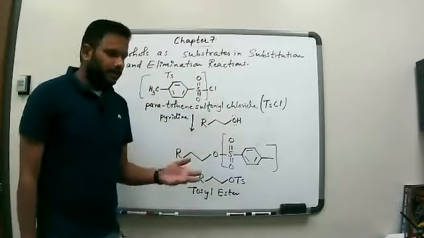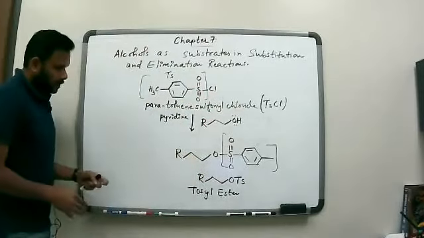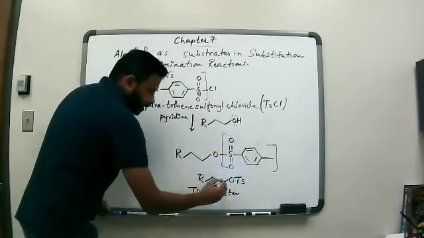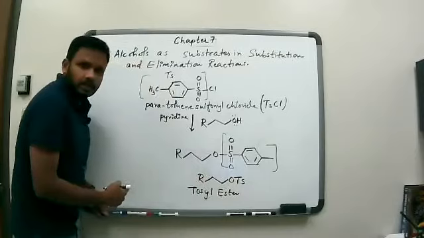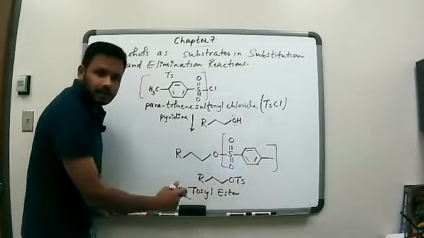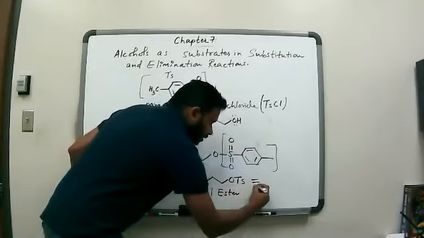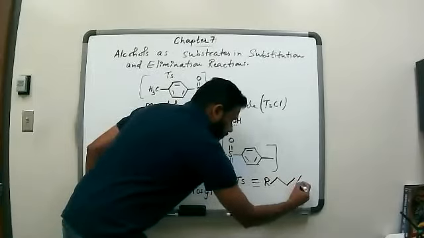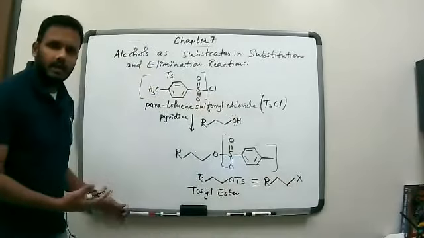I think all of this you will see in 3150. But realize that what we're trying to say here is this tosyl ester is the equivalent of an alkyl halide.